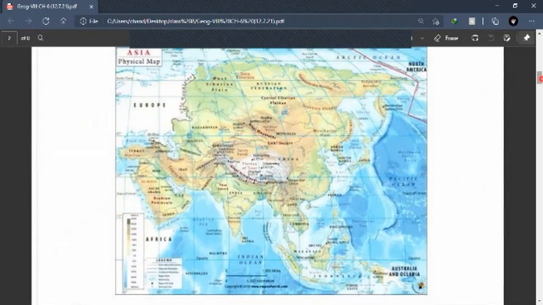In Asia, there is a vast triangular expanse of lowland and plains stretching from northeast Siberia to the Ural Mountains and Caspian Sea in the west. It consists of two plains. First is the Siberian Plains and second is the Turan Plain.